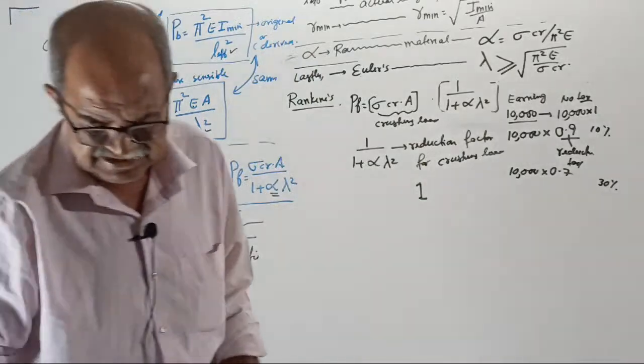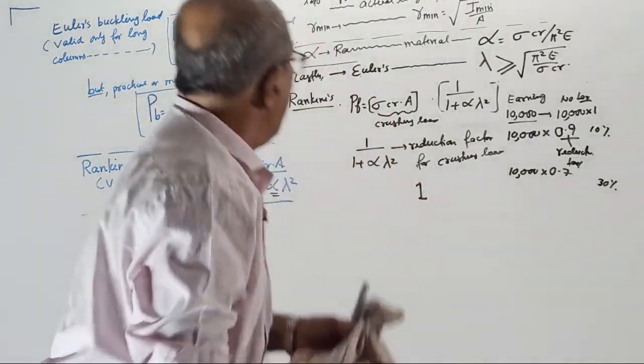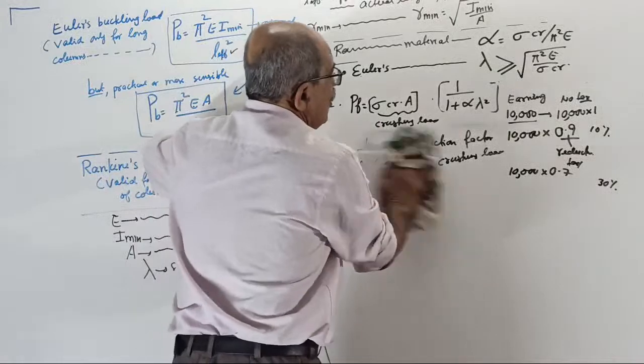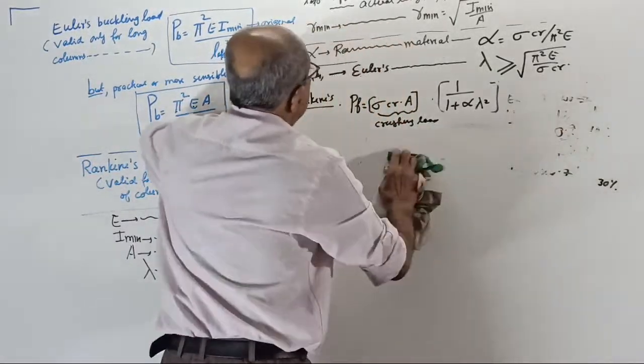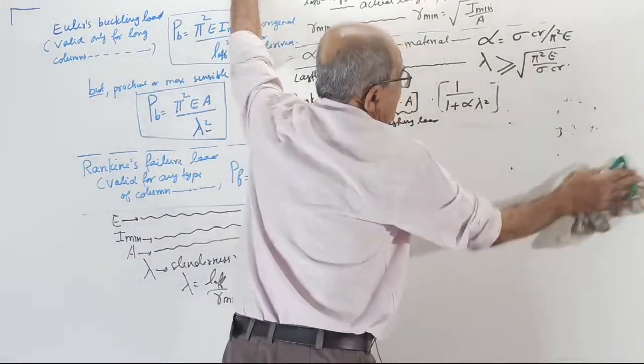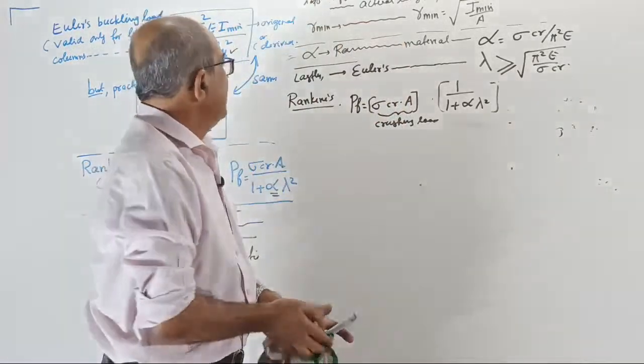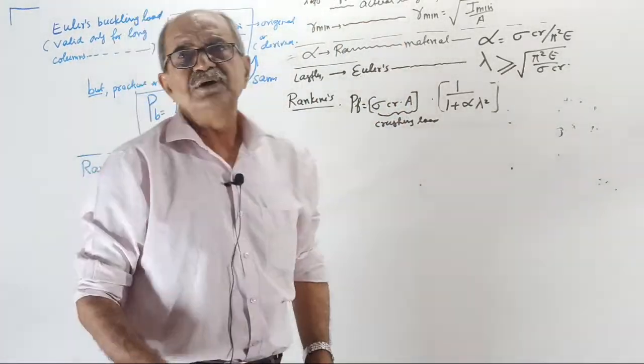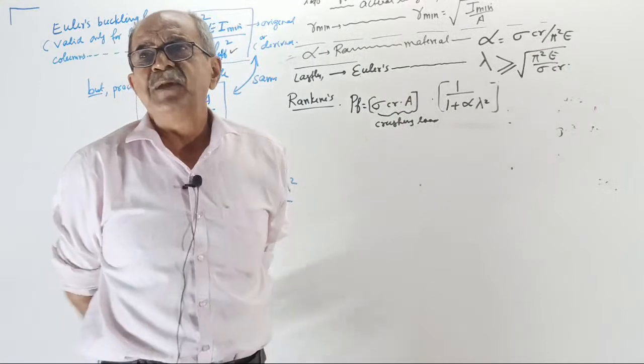Those who are serious, they will write all these and study thoroughly. Okay, over. Now, lastly, before I start the numericals, I will tell one thing, because I wrote this as strength of materials.